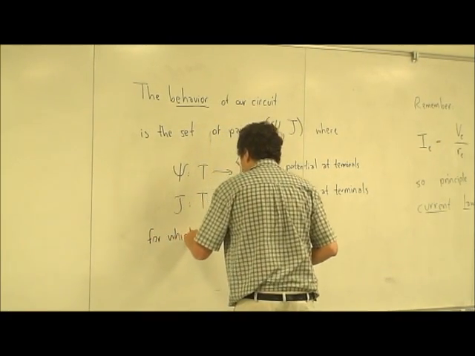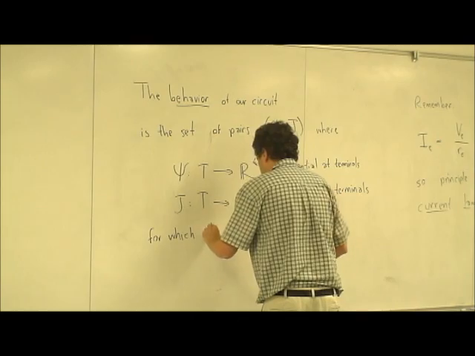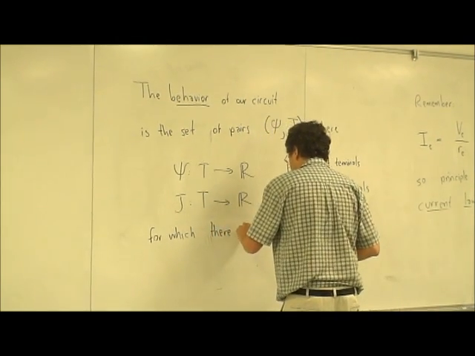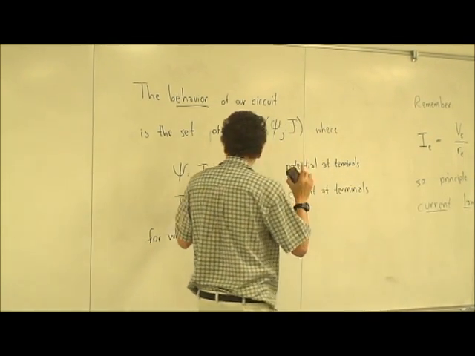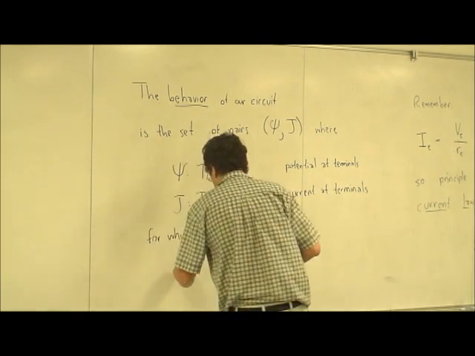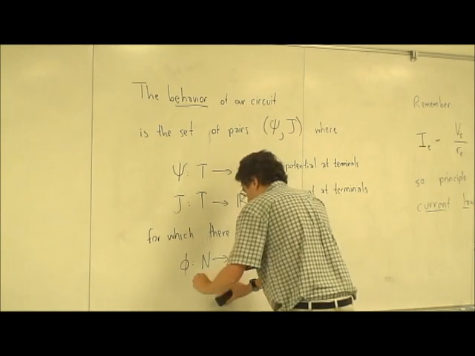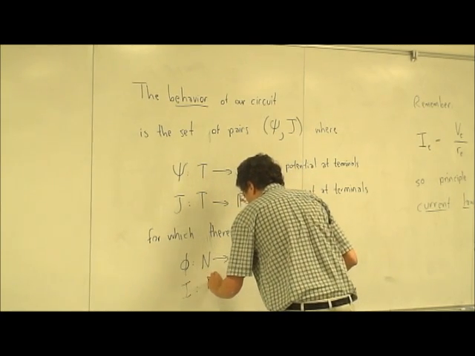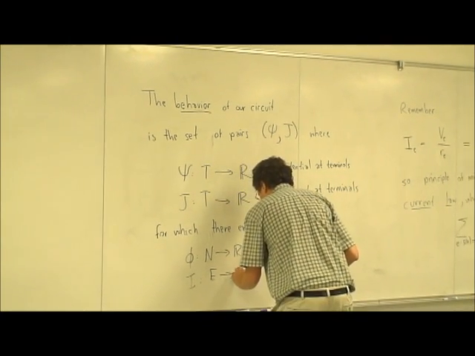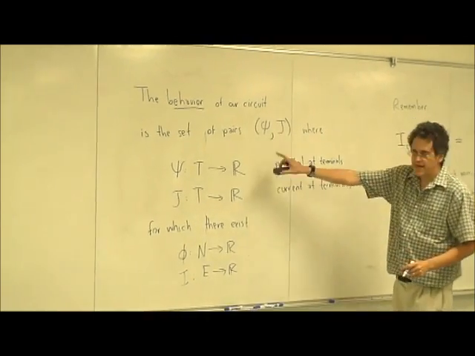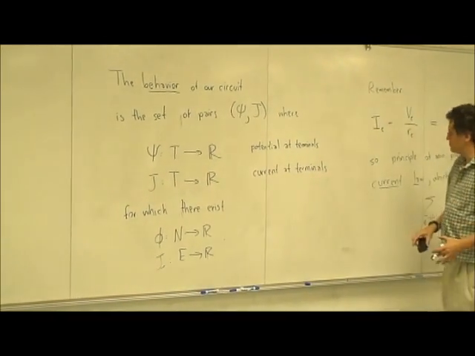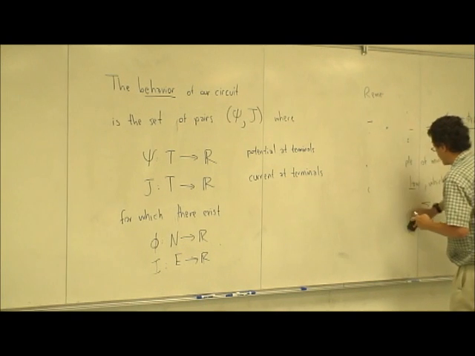So pairs for which there exist, what we're trying to do is find potentials at every node and a current on every edge, which get along with what we've specified, but also obey all the relevant equations.